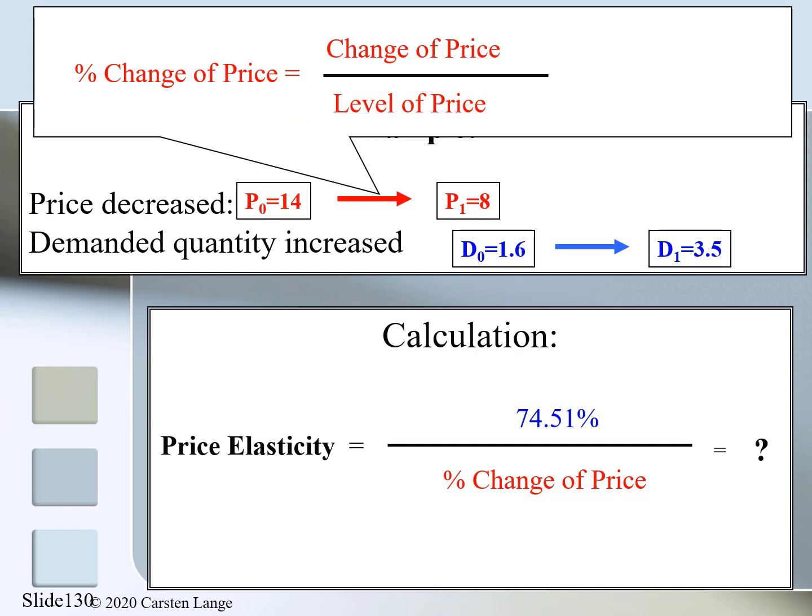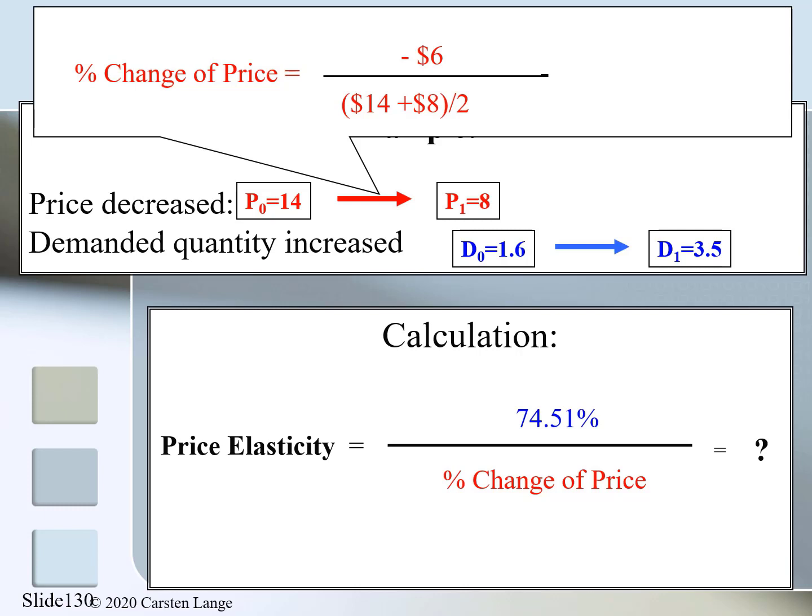To calculate the percentage change of price with the midpoint formula, we again calculate first the absolute change of price, which is 8 minus 14, the new value minus the old value, that equals minus 6. Then we calculate the midpoint for the level of price by calculating the average of the old and the new price.